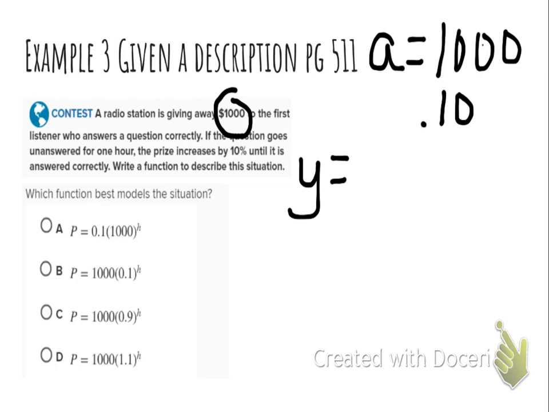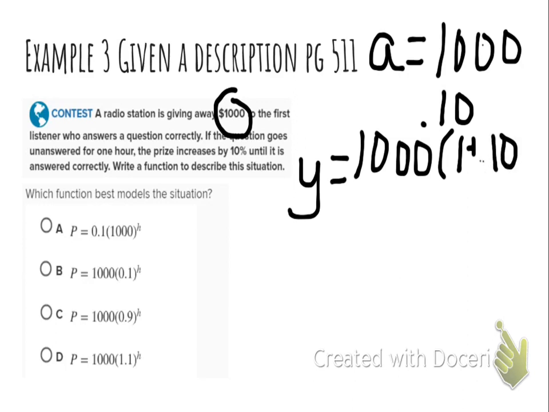So in my equation, I have y equals a times b. I'm taking 100% of that $1,000 and adding an additional 10%. So we represent 100% by using the number 1, plus an additional 10%, raised to the x power.